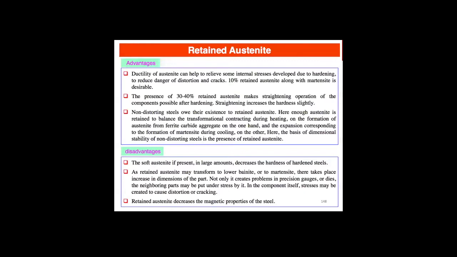The disadvantage is soft austenite decreases the hardness, right? And depending on the service condition, you may transform to lower bainite, which means if either a bainite or a martensite transformation happens in service, it is going to distort your part, and you won't have dimensional stability in service.